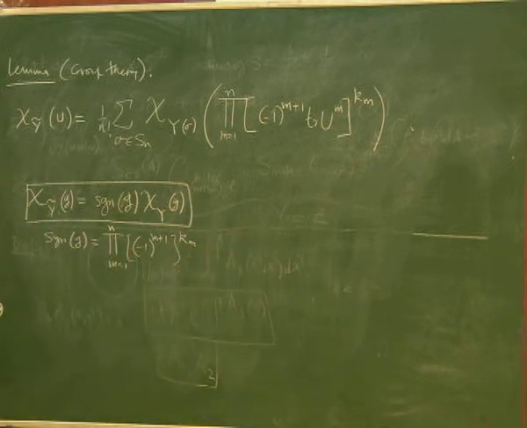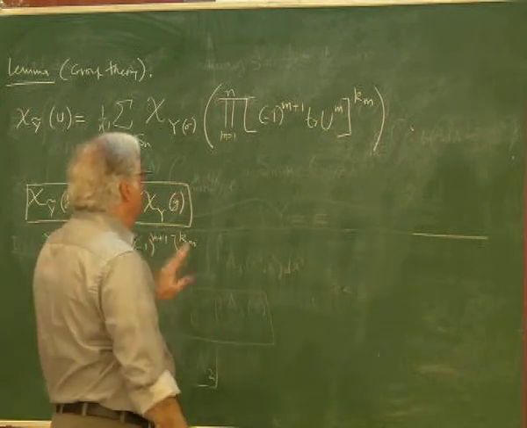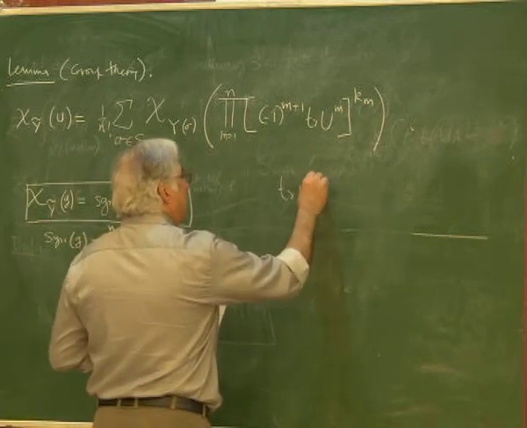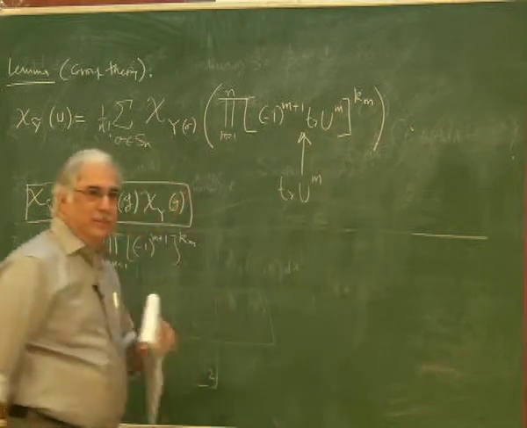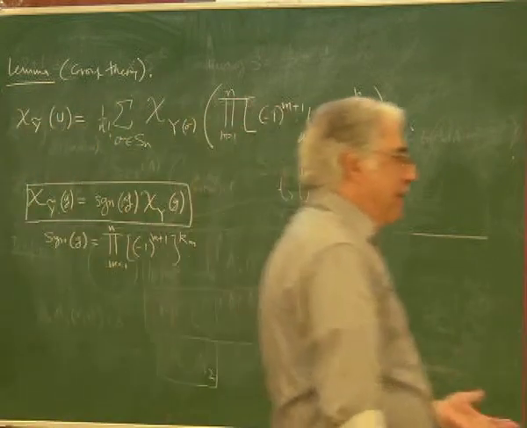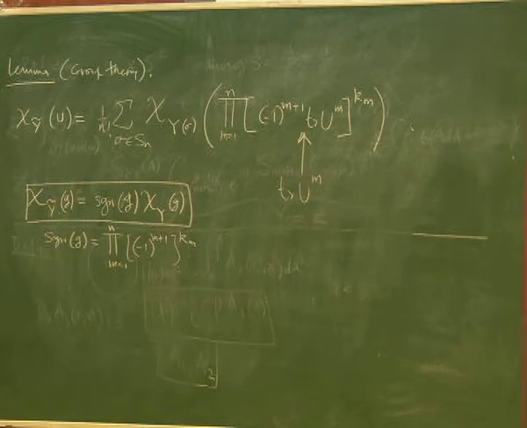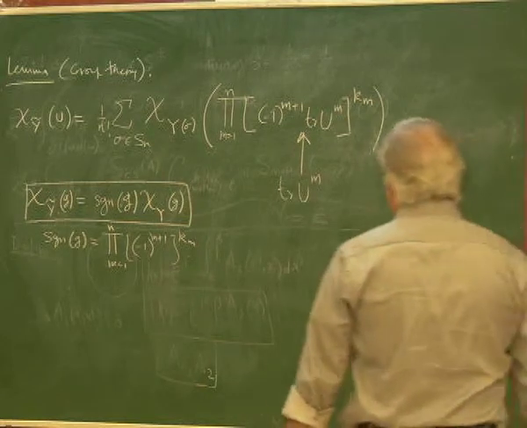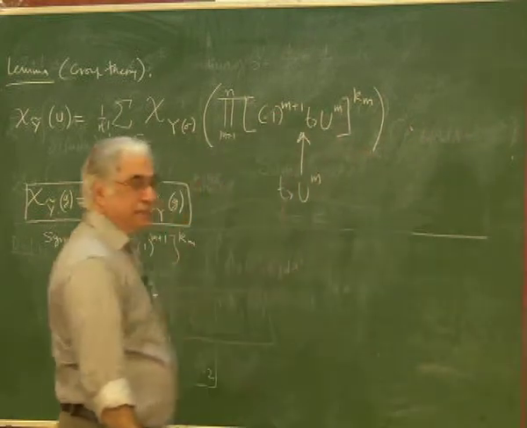All this math basically means that the rule is trace u to the m goes to this. Ultimately it is very simple: the character of Y twiddle is related to the character of Y in that gauge theory on the right hand side by this type of simple rule.